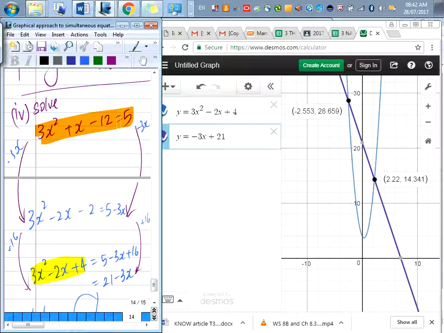Change this into your ax squared plus bx plus c equals to 0. Then what do you get? The orange one. Change the orange one into ax squared plus bx plus c equals to 0 and solve using your quadratic formula.